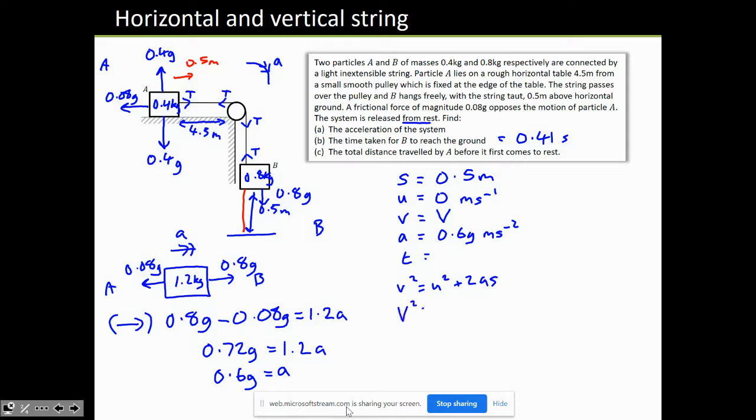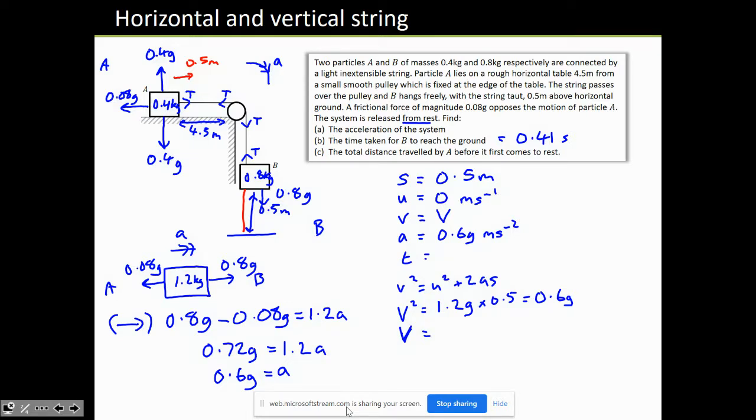So our v squared is equal to 0 squared plus 2as. So 2a is 1.2g and s is 0.5. So it is the same as our acceleration, 0.6g. So our final velocity is the square root of 0.6g.